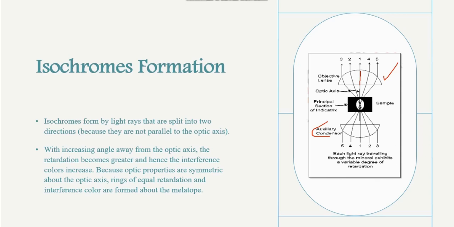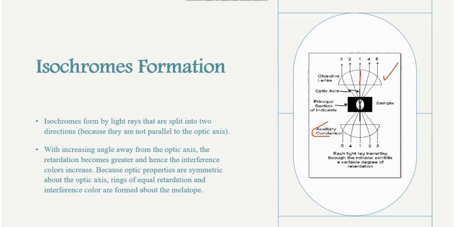If it does not split into two rays, it will show zero retardation, and if it forms zero retardation, you form a melatope. That's what we mentioned when we were talking about the melatope. So the center of the isogyres, which we call a melatope, is formed by this ray 1, wherein the light following this path 1 does not split into two rays and is parallel to the optic axis, and by so doing it produces the melatope. I hope you understand.